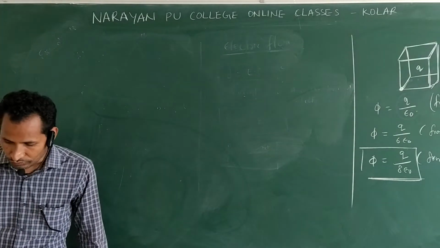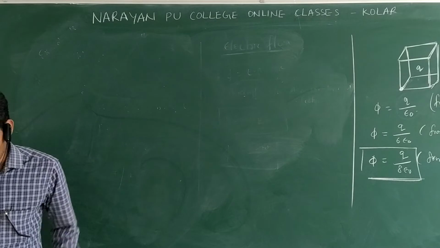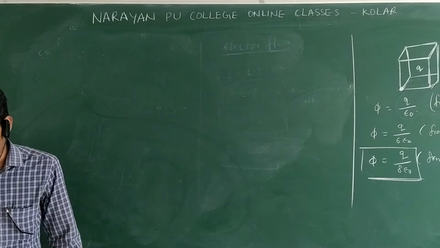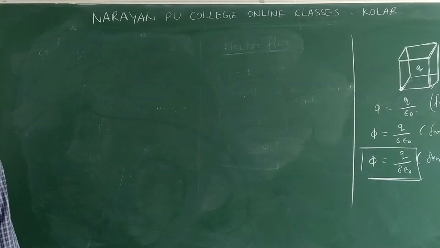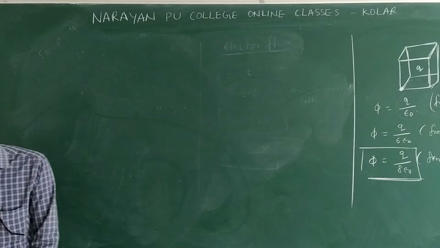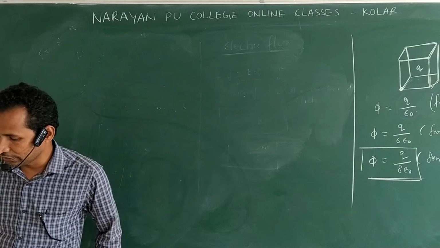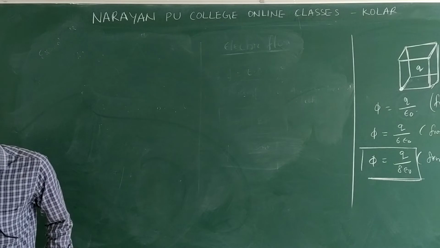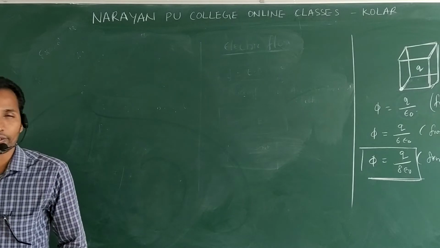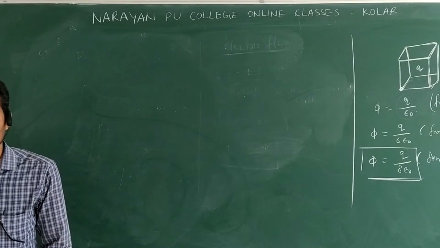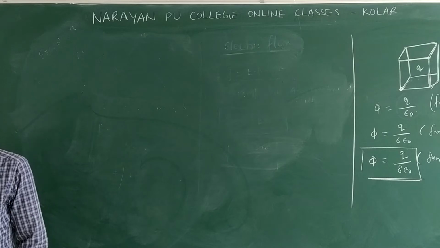Now, Gauss law, we have already seen the equation phi is equal to Q by epsilon naught. In application of Gauss law, we have already seen three applications. One is finding the electric field due to an infinite wire.